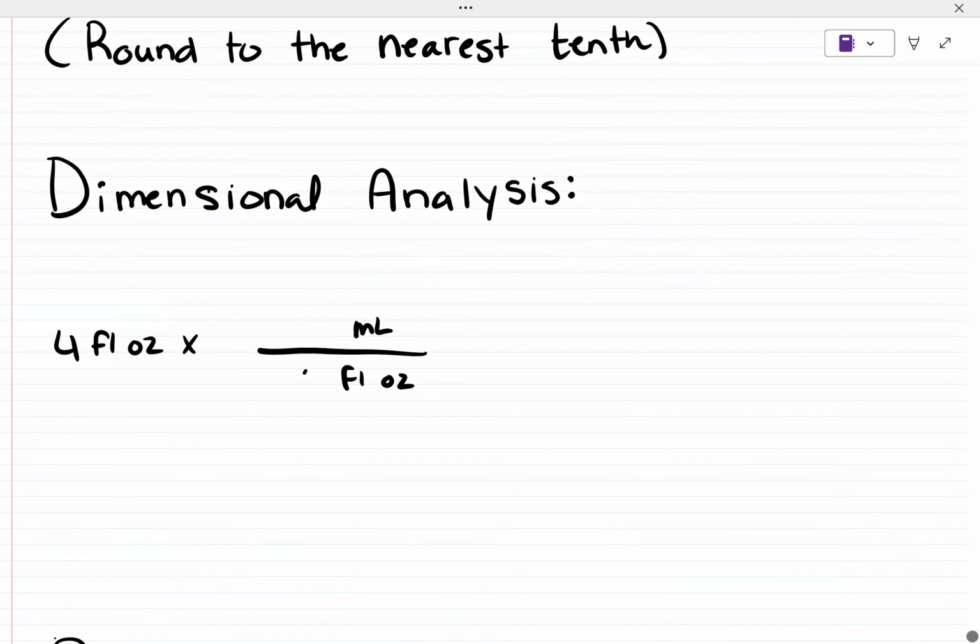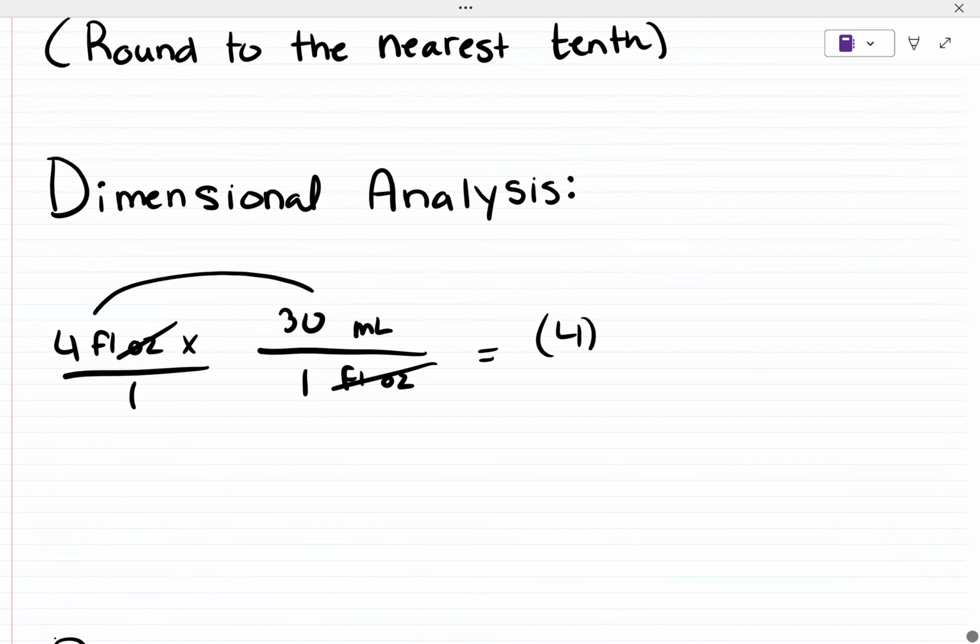We know that for 1 fluid ounce, there's 30 milliliters, and under the 1, the fluid ounce disappears, and then multiply across. So that's 4 times 30 over 1, so that's 120 milliliters. Now it says round to the nearest tenths, but we do not add a trailing zero, so it would be wrong if you say 120.0.